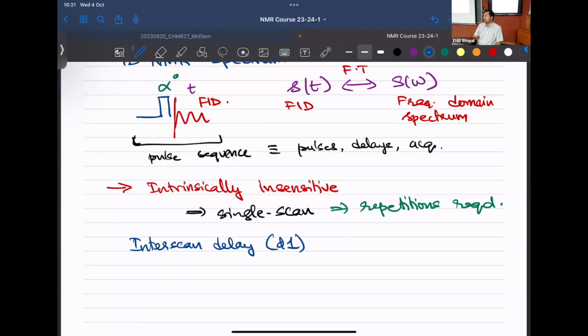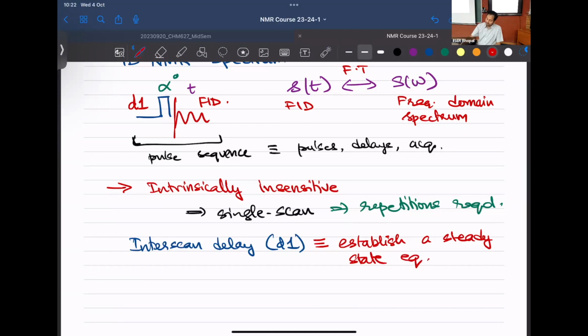Generally, D stands for delays, 1 stands for the first delay. So quite often people would end up referring to this delay as the D1 delay. The D1 delay is called the interscan delay, and this is required so as to establish a steady state equilibrium.